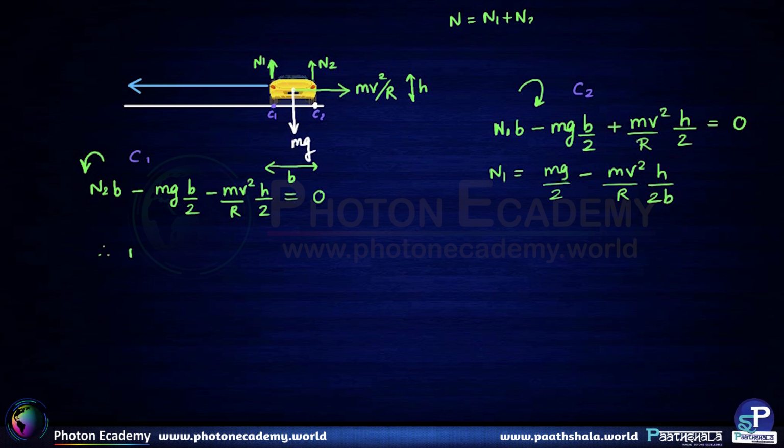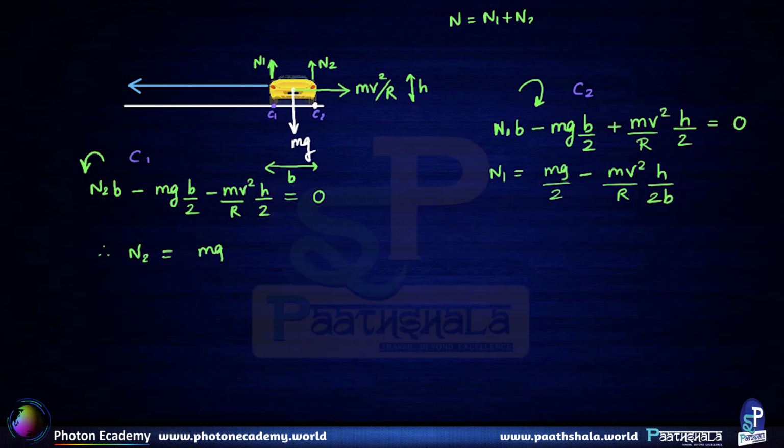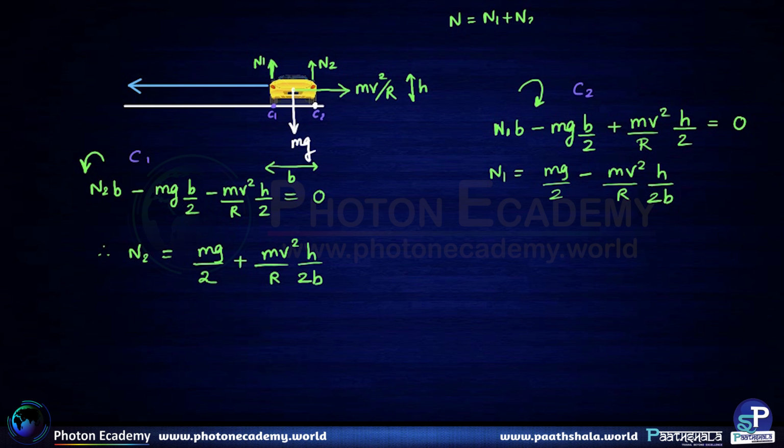Therefore, from this equation I get N2 to be equal to mg by 2 plus mv square upon r into h upon 2b. So here we are getting a positive sign while finding out N2, and a negative sign while finding out N1.